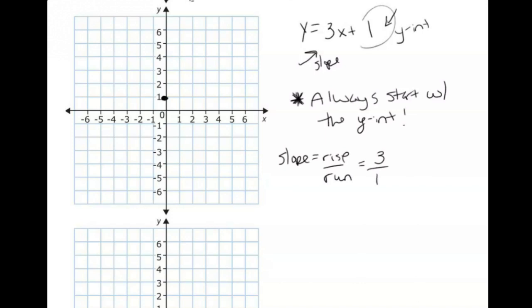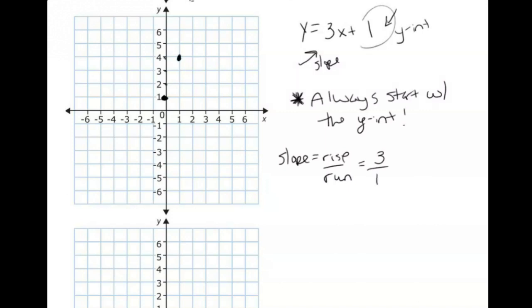So if you just have an integer, put that integer over 1 to help you accurately step correctly to find your next point. So now from my y-intercept, I'm going to rise 3. 1, 2, 3, and I'm going to run to the right 1.